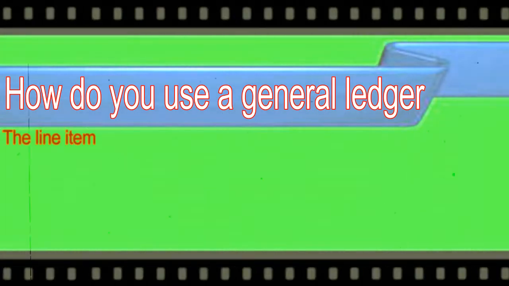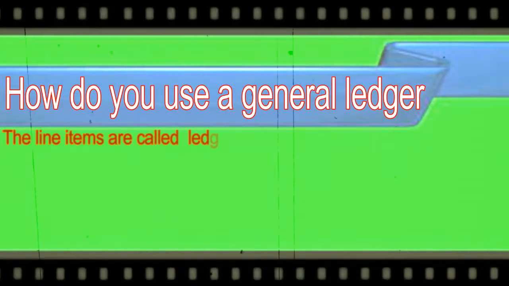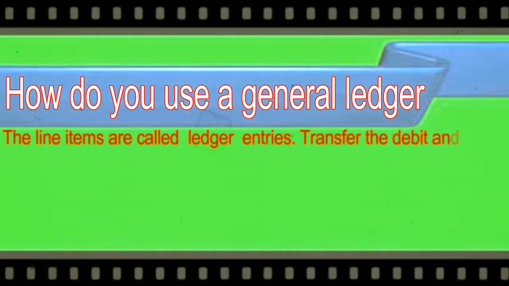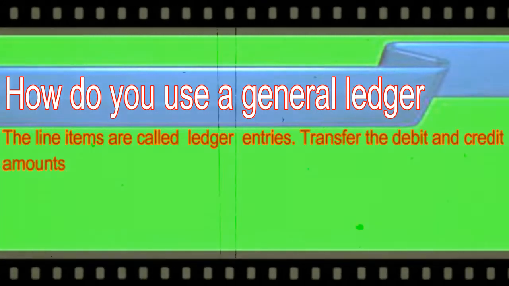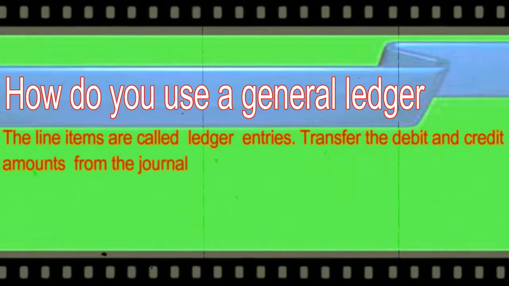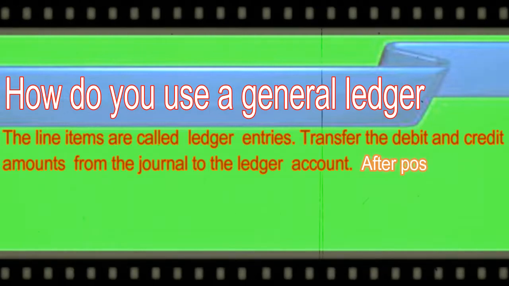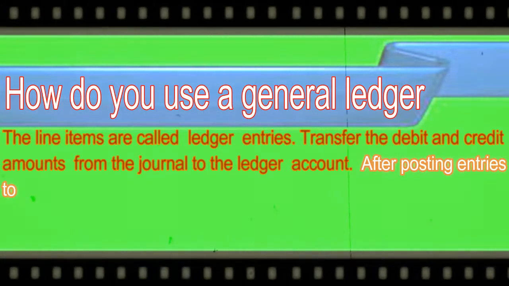Now, how do you use a general ledger? The line items are called ledger entries. Transfer the debit and credit amounts from the journal to the ledger account.